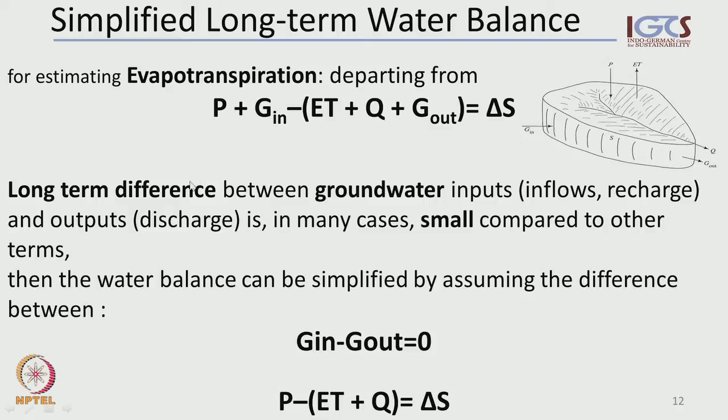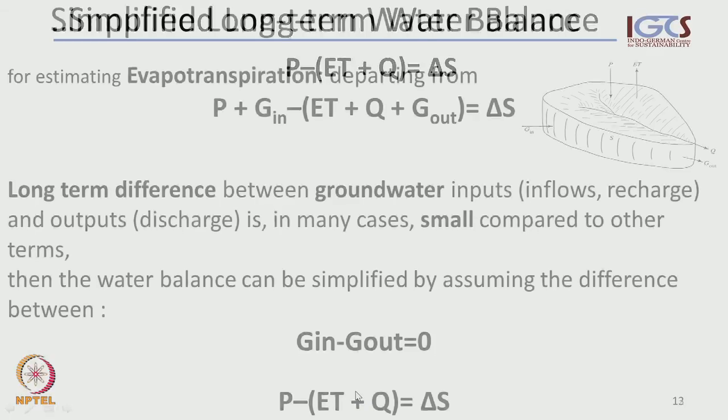We can assume that the long-term differences between groundwater inputs on this side, which means inflows and recharge of groundwater, and the groundwater outflows, the groundwater discharge, may not vary much. They are small. And for that reason, we may assume that our groundwater inputs and groundwater outputs become zero. In that case, we can simplify our water budget equation to the one lined out here below.